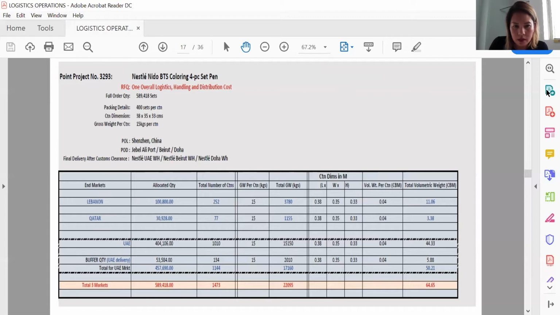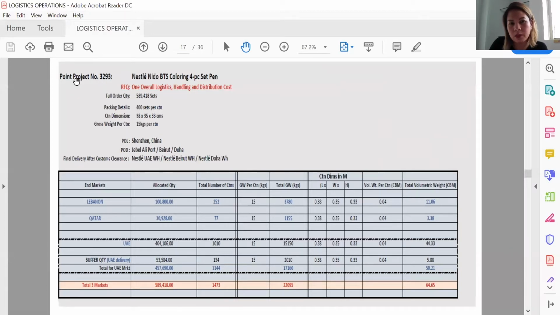So this is my RFQ to my logistics suppliers. Basically, I made this, and I have shared this with my logistics partners or logistics suppliers.